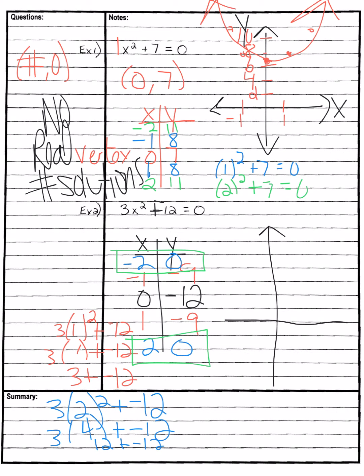I'm going to sketch it to the best of my ability. We start at 0, -12, all the way down here. Let's count by 3s, I guess. And we are going to cross the x-axis at -2, 0 and +2, 0.